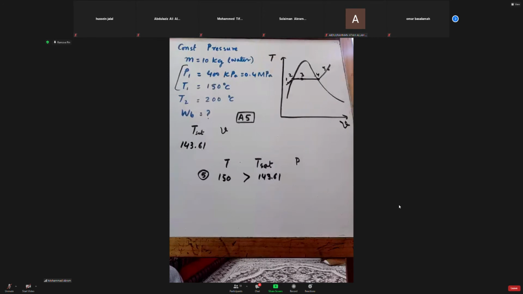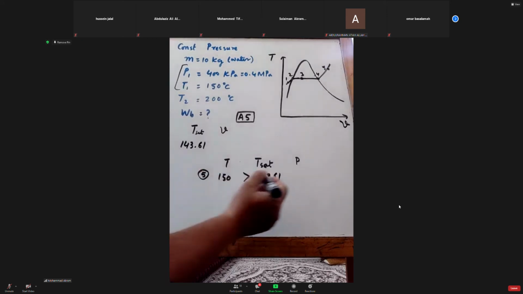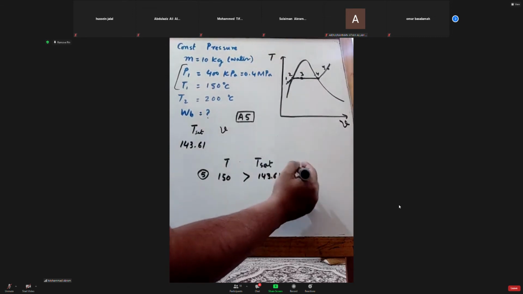Now when it is superheated, we need to go to the superheated table. That is A6. Superheated steam.